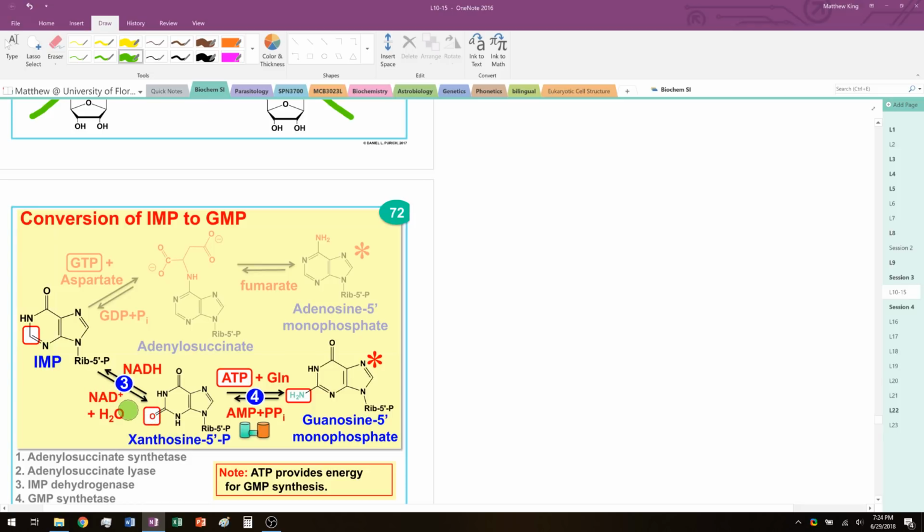So what we have to do is go in this direction. At the bottom, we're going to introduce NAD+. NAD+ is lacking electrons, and it will very strongly take electrons away from something.